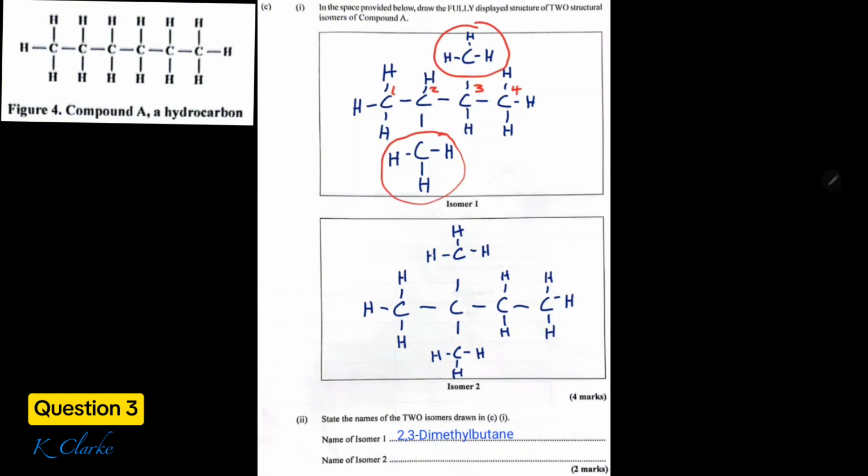The numerals 2 and 3 should be separated with a comma, and they are the carbon numbers where the first and the second branch groups are connected on the longest chain. Dimethyl states that there are 2 branch methyl groups, and butane comes from the name of the longest chain since there are 4 carbons in the longest chain.